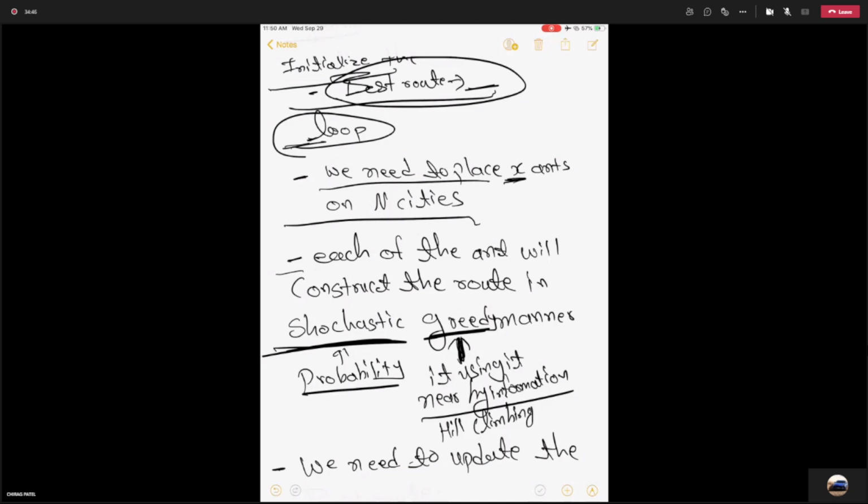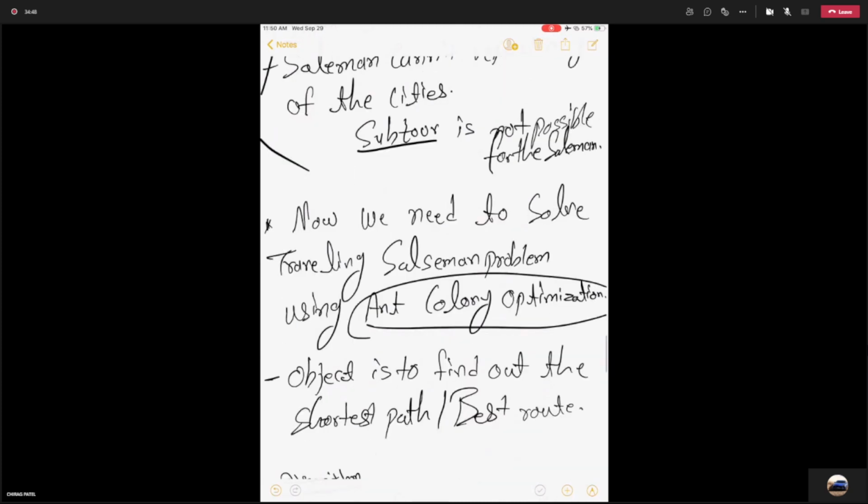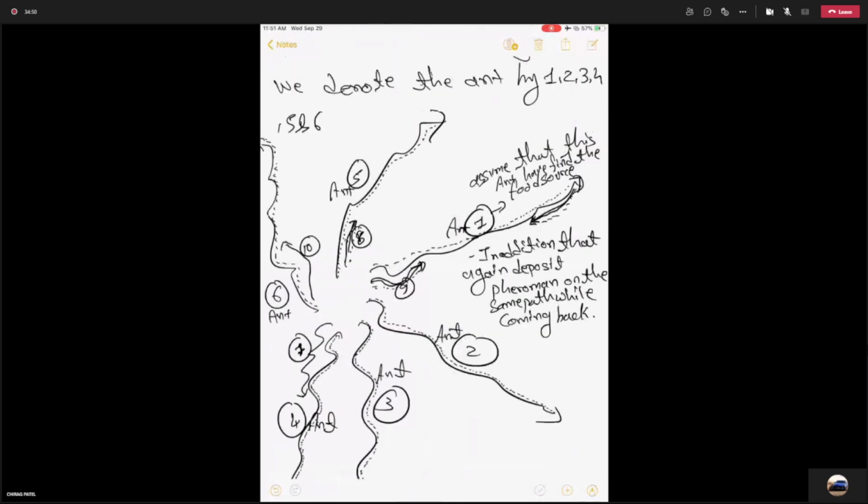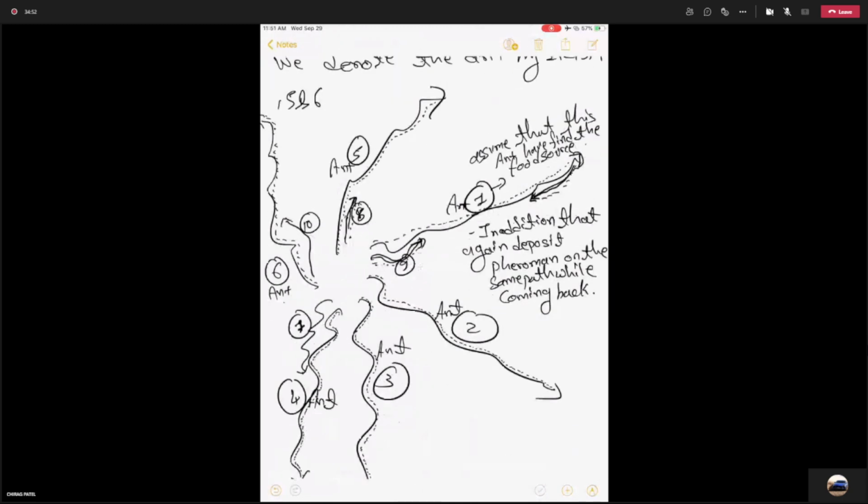Means it again goes through the steps. Assume this is your n cities. This diagram is your n cities, and now you have deployed certain ants to the cities. After that, what will happen? They again start discovering the path, right?